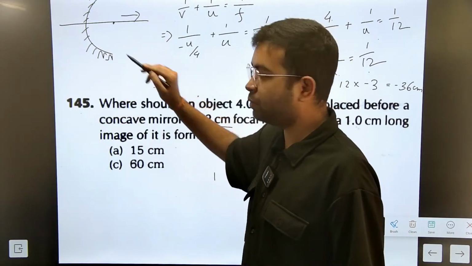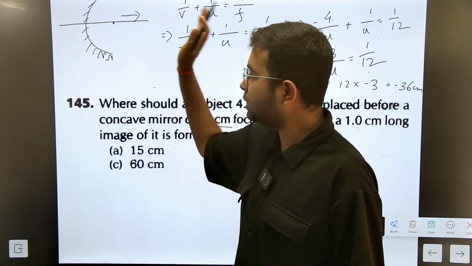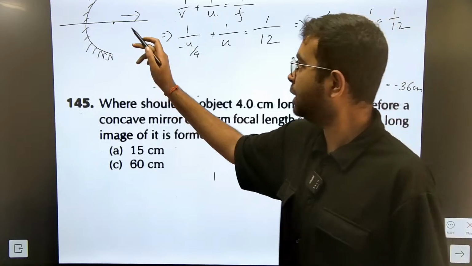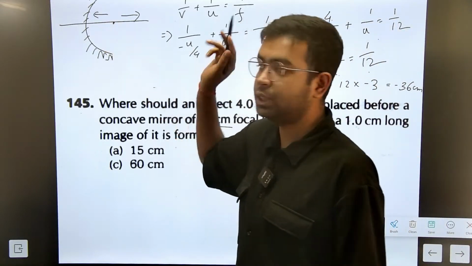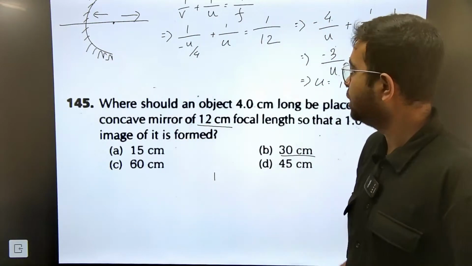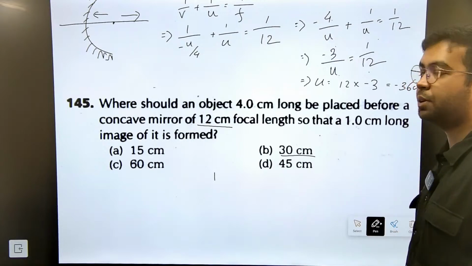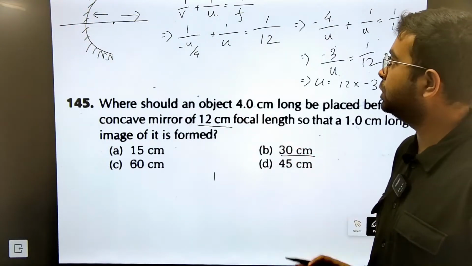This is in front of the focus. Minus distance for the object means that the object is placed behind the focus. That is why it's coming in minus, nothing else. But the answer is 36 centimeter. This is how you have to do this sum.